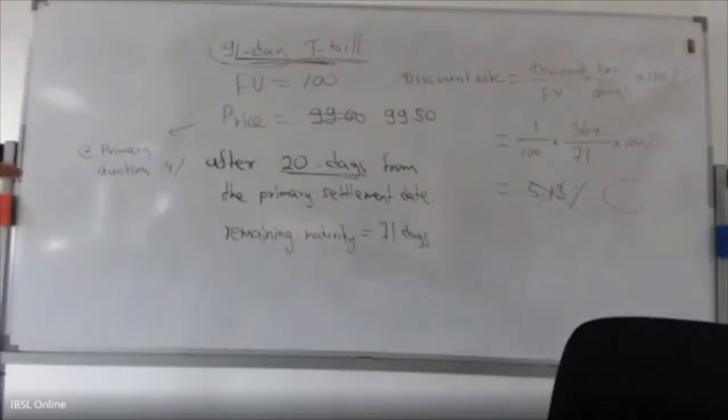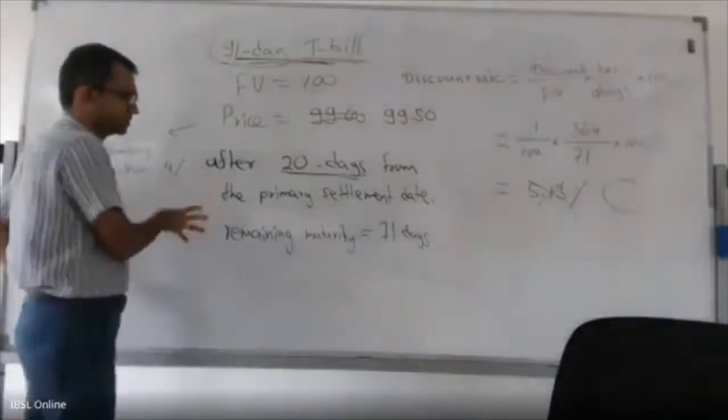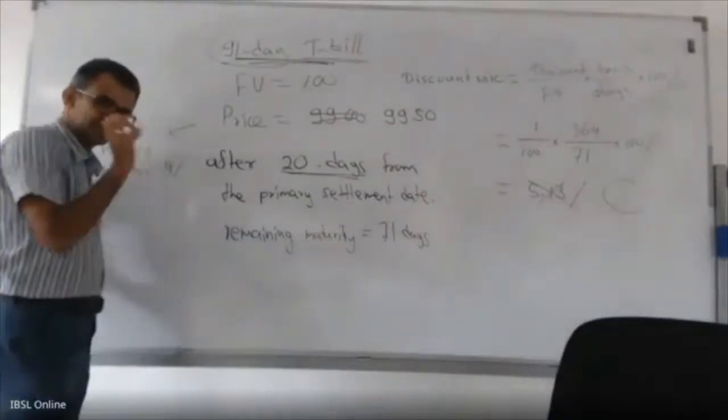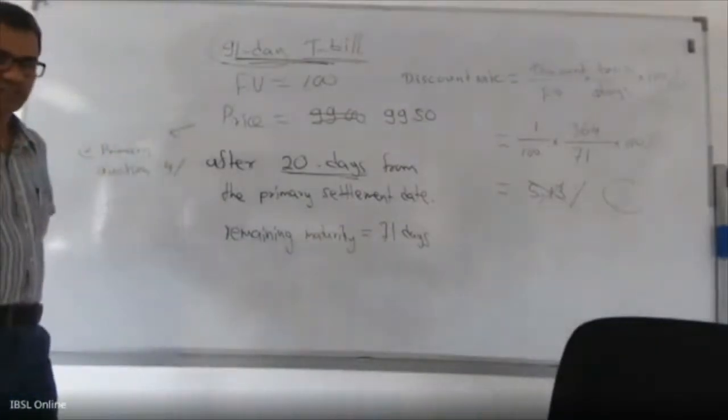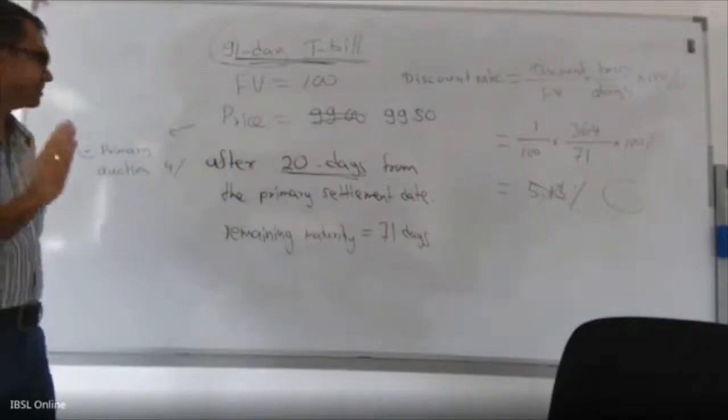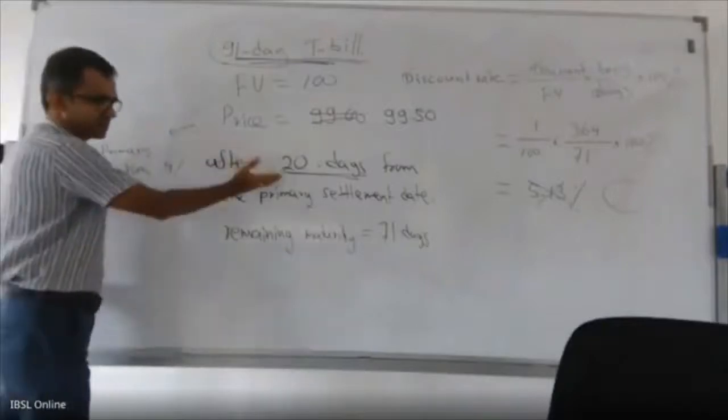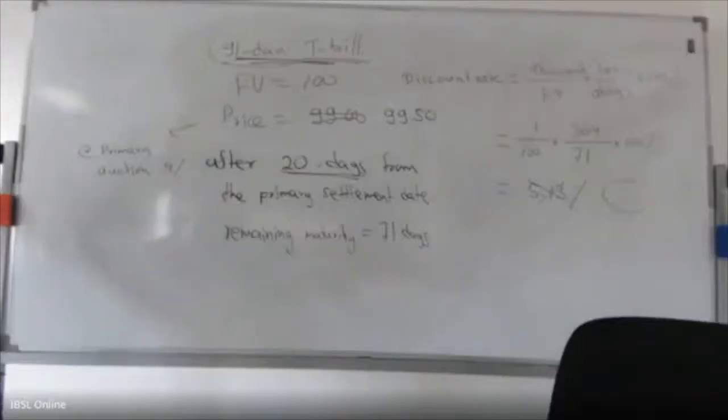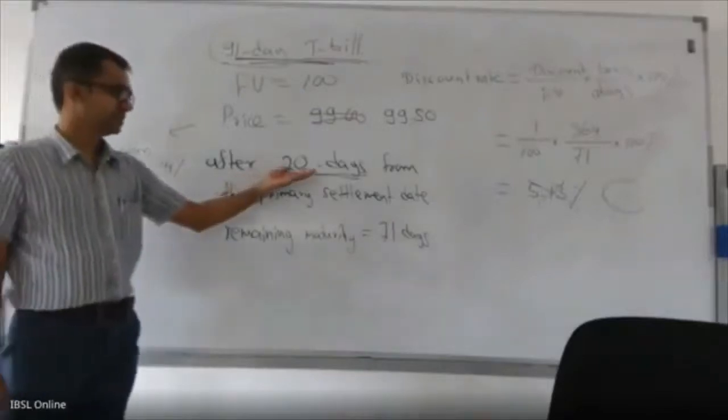Right. Two things. Now here we are talking about two investors. The first one is the one who bought it at the primary. Now he is selling it after 20 days. So for that first investor, the holding period is only 20 days.